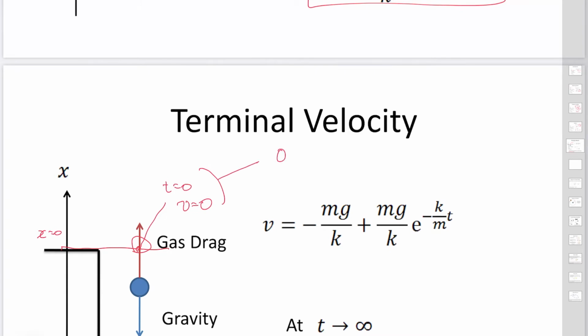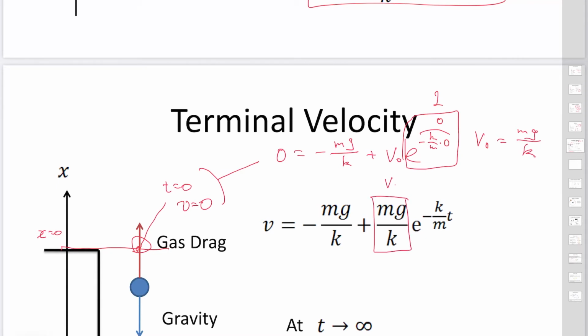So 0 equals minus mg over k plus V0 exponential minus k over m times 0. Exponential 0 is 1. So V sub 0 is mg over k. Substituting this V sub 0, we have this expression.